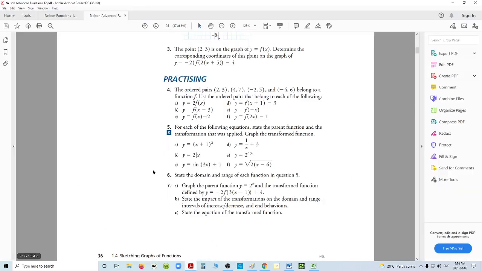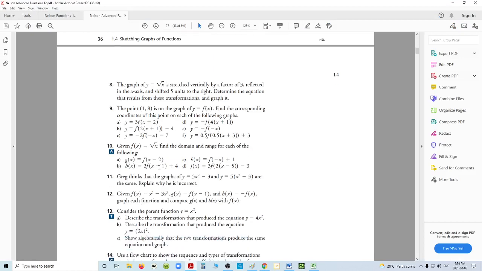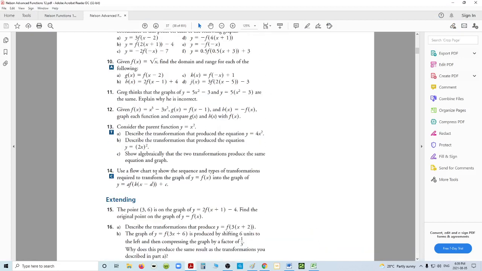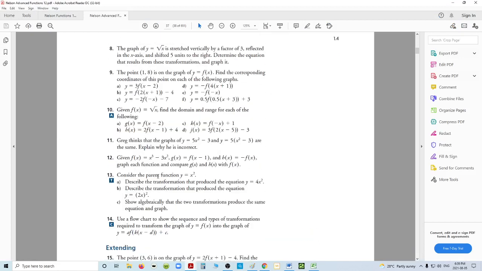Let's see if I have time to do any of these other ones. Oh, I don't. Let me just run out and turn off my cooking, and you can fiddle around with Desmos.